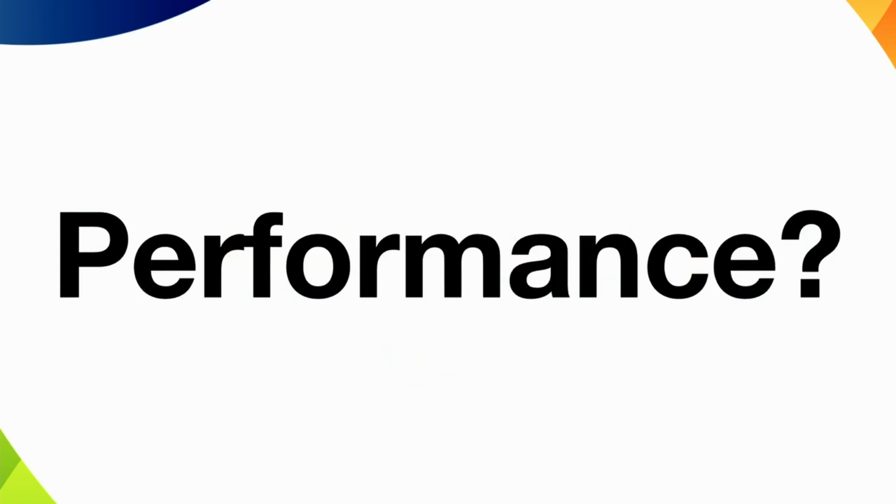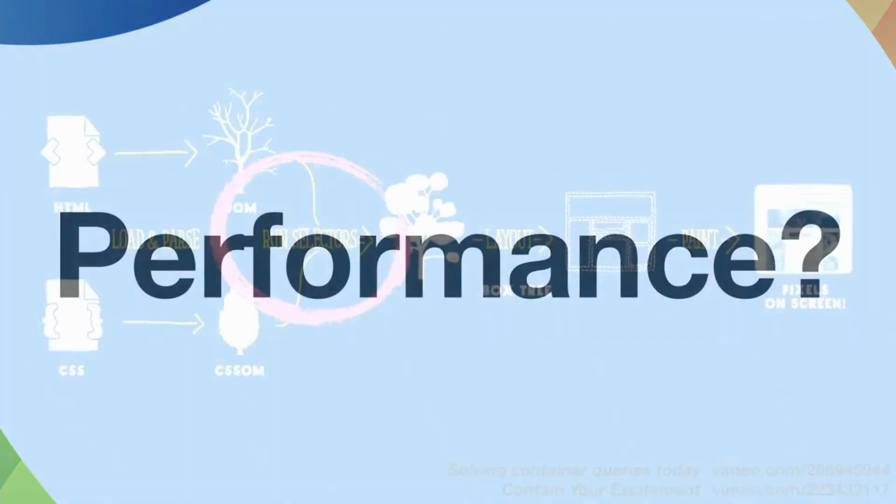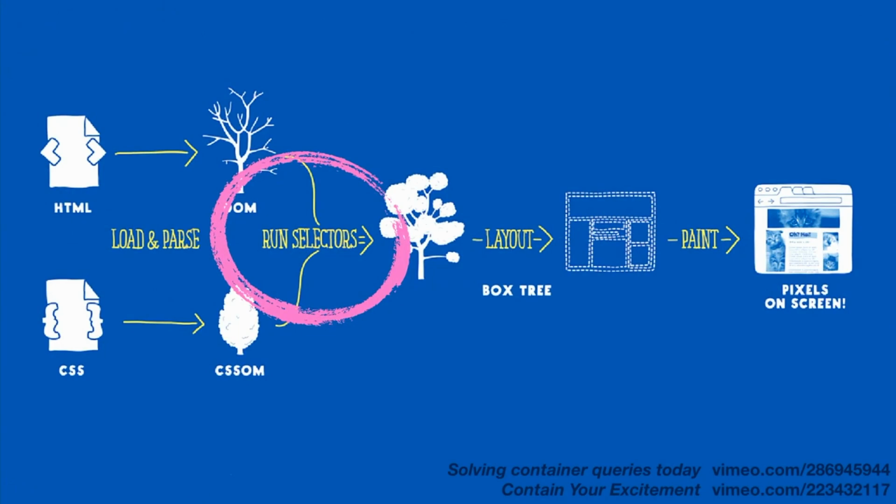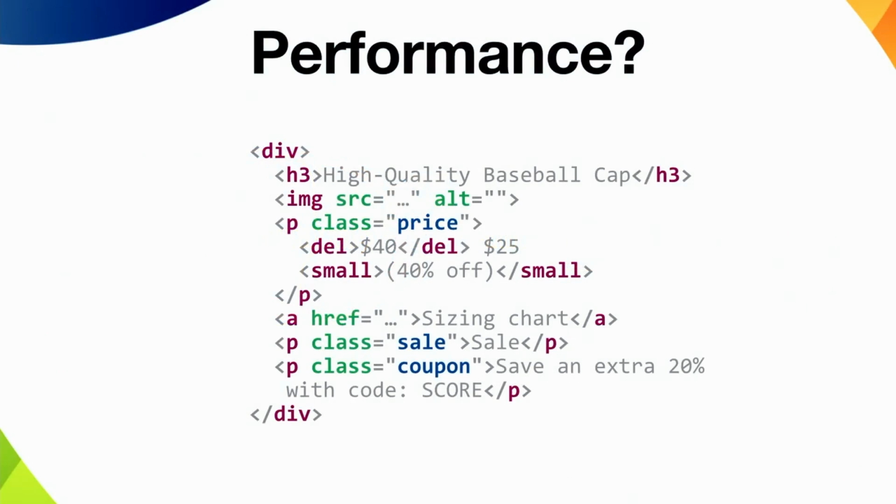So, performance. I rearranged things a little bit from the slides that I put up. The slides are still all the same. I decided I was going to put performance in the middle of the talk because I can. Anyway, near the beginning of the talk, I mentioned the selector step as being critical to performance, which it is. Okay, so we're going to see this markup in just a little bit, but just consider this markup.